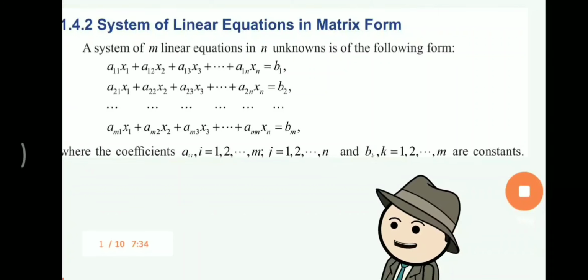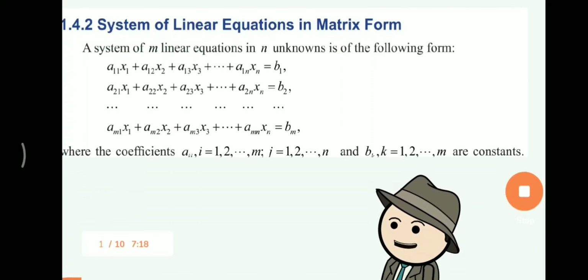System of linear equations in matrix form. A system of m linear equations in n unknowns is of the following form: a11 x1 plus a12 x2 plus a13 x3 plus etc. plus a1n xn is equal to b1.